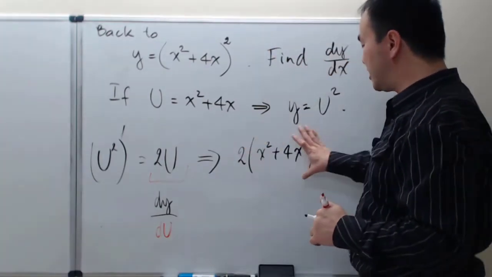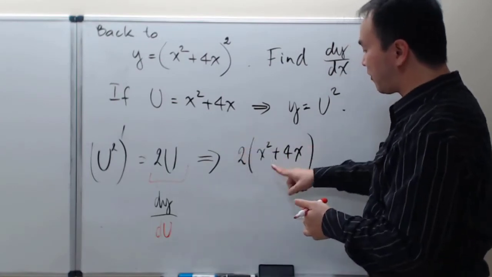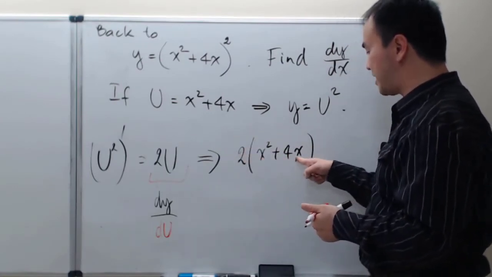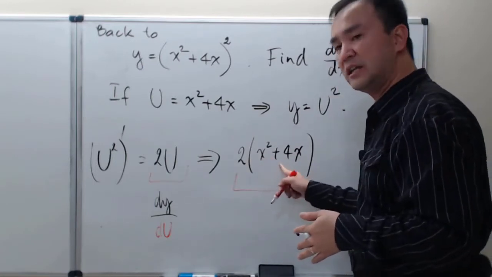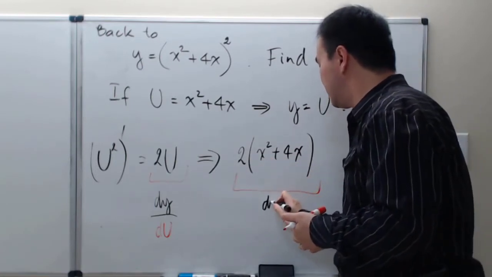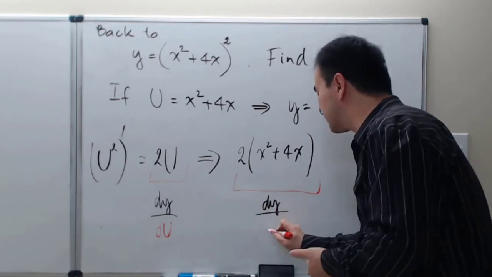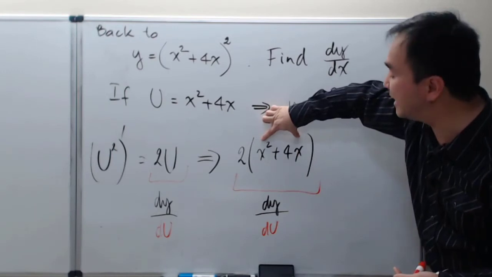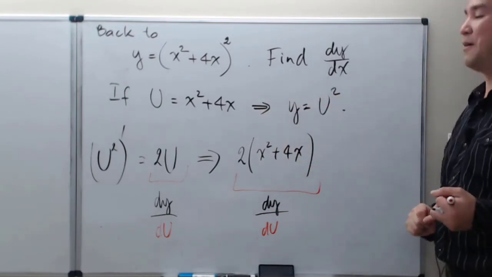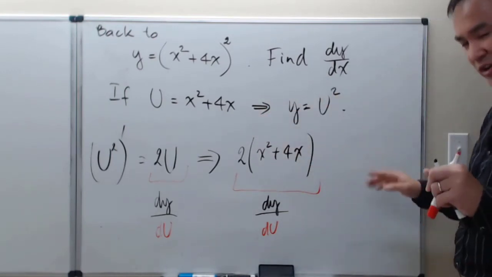So even if we're rewriting it with the x squared plus 4x in there, in the end this is still not dy dx. This is dy over du, because all of that here is still being thought of as the u variable. You see what I'm saying now? All right, we're getting there.